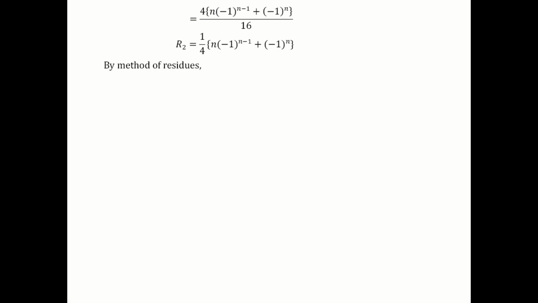Taking 4 outside, the common factor, n into (minus 1) power n minus 1 plus (minus 1) power n by 16. 4 and 16 get cancelled, so 1 by 4 into n into (minus 1) power n minus 1 plus (minus 1) power n. So we now know both residues R1 and R2.